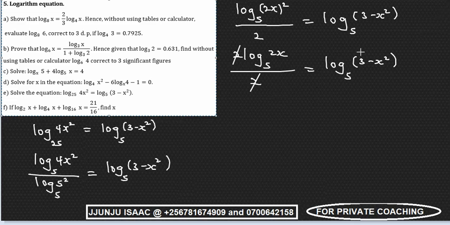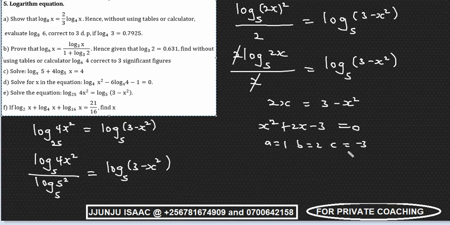So when we equate, we get 2x equaling 3 minus x squared, or x squared plus 2x minus 3 is equal to 0. And you can now solve the value of x straight away. So you can see that our a is 1, our b is 2, and our c is negative 3.